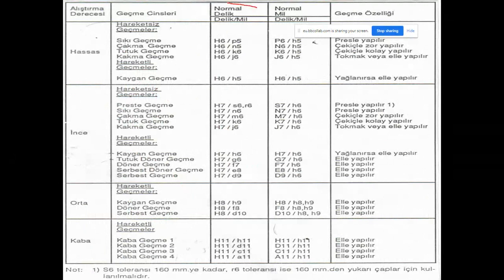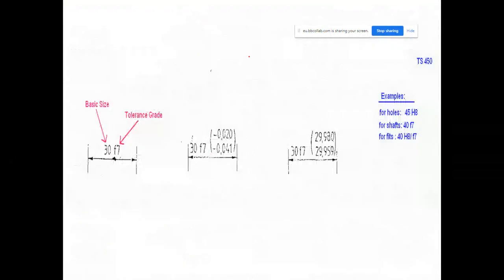And then, on a whole-shaft basis, these are recommended pairs. The tolerance grade written with a capital letter is the recommended tolerance grade for the female feature. The tolerance grade written with a lower-case letter is the recommended tolerance grade for the male feature.